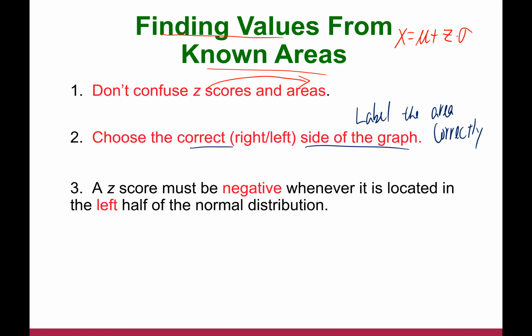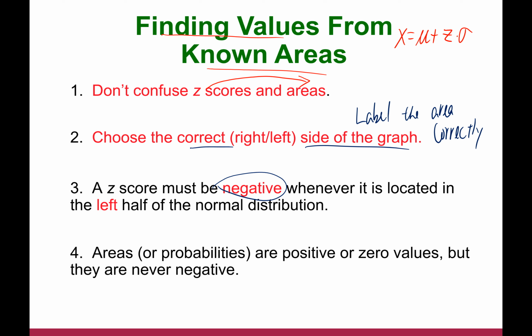And the z-score must be negative whenever it's located in the left half of the normal distribution. It's positive when it's located in the right half of the normal distribution. Areas are positive or zero, because we're talking about probability. Area is a probability, so it is never negative.